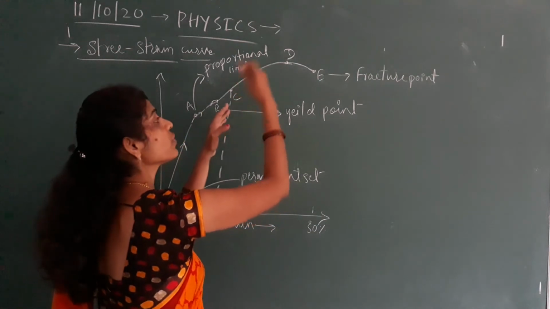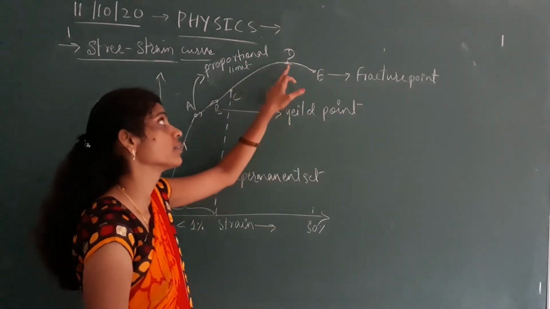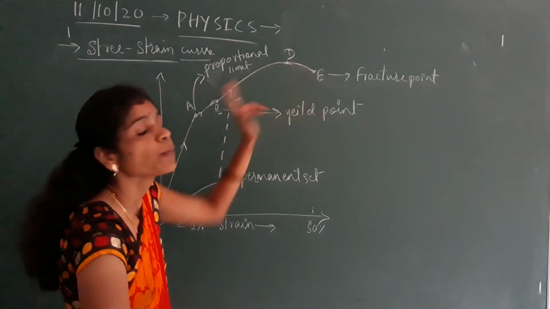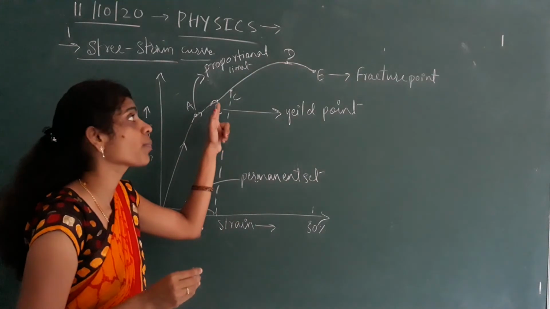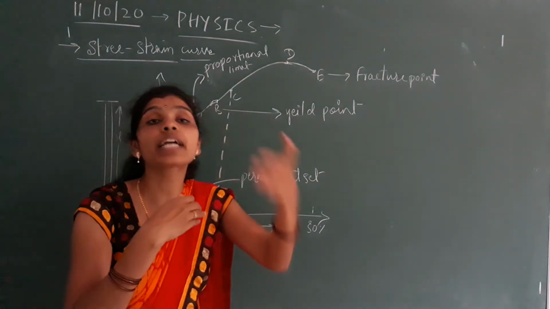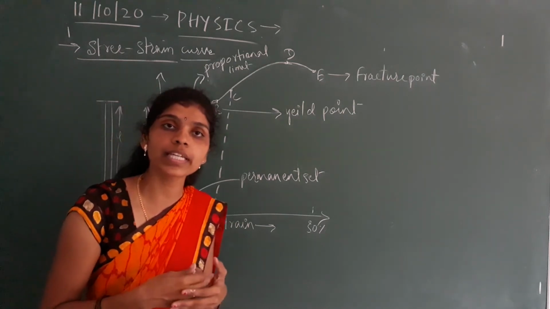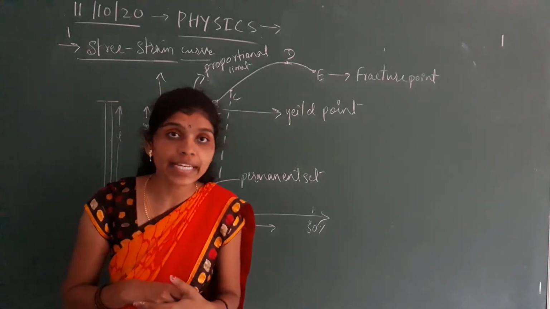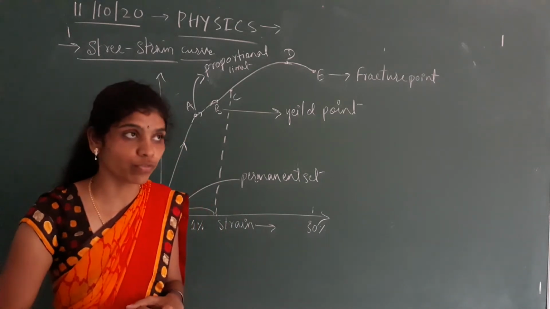Further, if you see the curve between B and E, the points D and E are very close to each other. Here the property of the material is completely converted into plasticity. Plasticity means the material does not regain its original configuration after the removal of the deforming force.